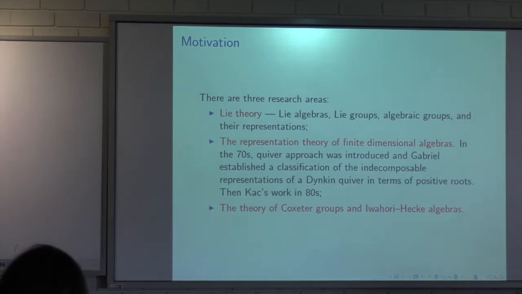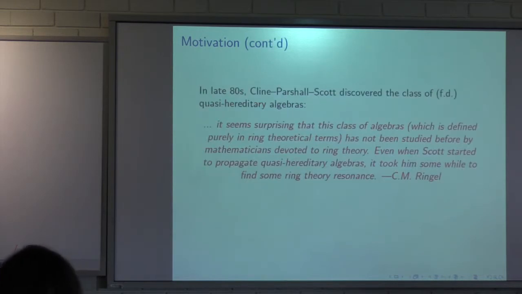So they are somewhat independent, but the motivation we start with is something from the late 80s. Cline, Parshall and Scott discovered a class of finite dimensional quasi-hereditary algebras. Now, Claus Ringel is actually a leader in the representation theory of finite dimensional algebras, and he made the following comments.